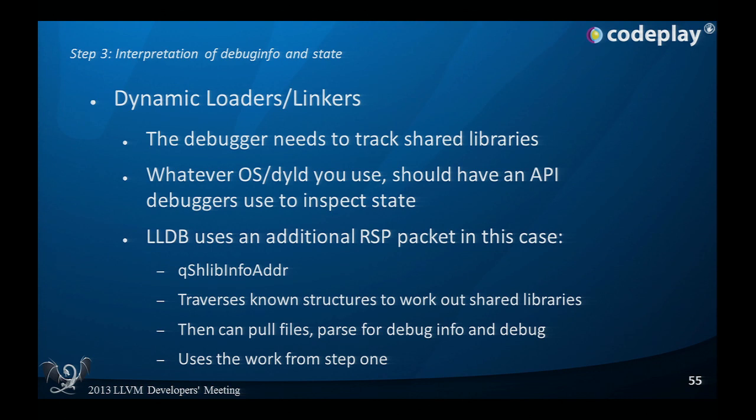LLDB uses an additional packet. In this case, it's one of the extensions, the shared lib info address packet. The Linux dynamic loader uses that to traverse known data structures, and it can read things out to see where these files should be, and then it can pull those files over.